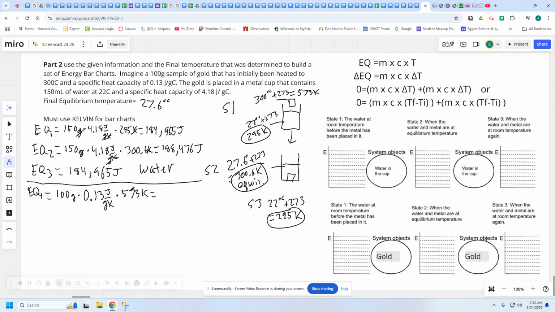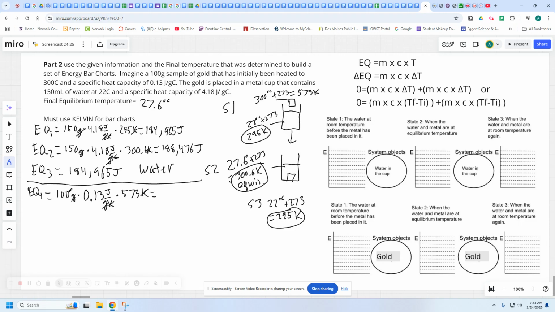And we're back to basic practices here where we cancel out the grams. The Kelvins cancel out and we're only left with joules for a unit, and that's perfect because that's what EQ should be measured in. It's an energy quantity.